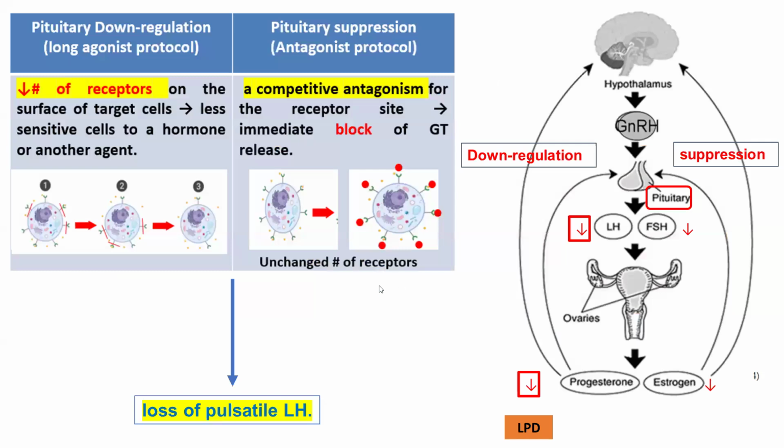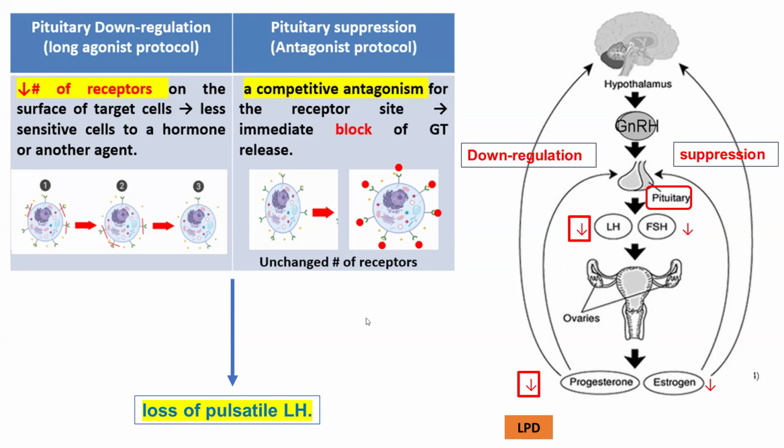What about downregulation? It is used in the long agonist protocol, which means a decreased number of receptors on the surface of the pituitary gland. So with a downregulated pituitary gland and no receptors, there is decreased LH, and in this way decreased progesterone and luteal phase defect. In cases of antagonist protocol, the number of receptors is preserved, but there is an immediate, transient and reversible block of these receptors by the antagonist.